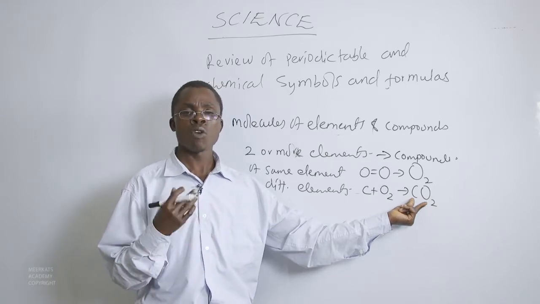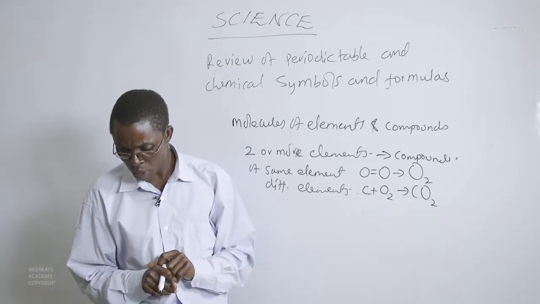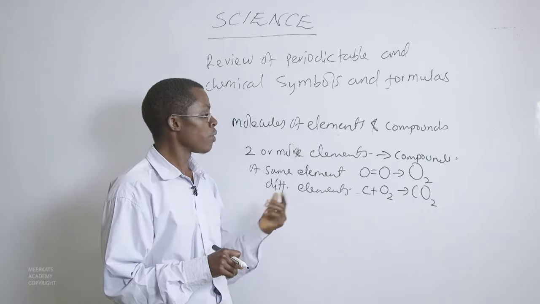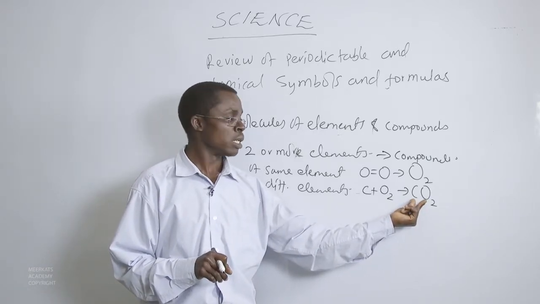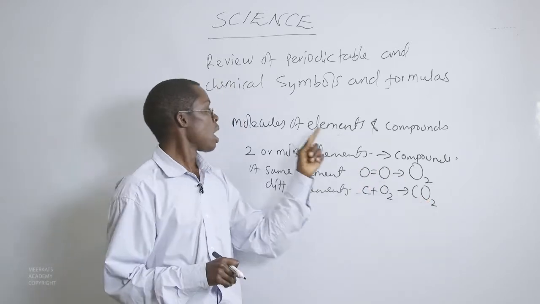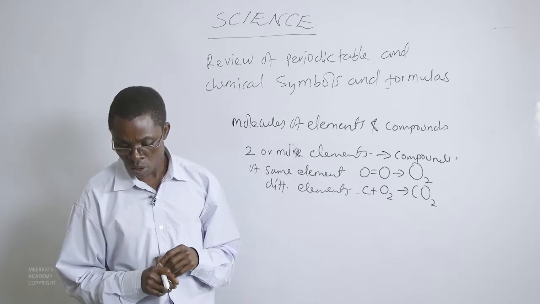It is even more wrong on the second part, where it says that molecules of elements have different atoms. Like now carbon dioxide is being taken to be a molecule of an element, which is wrong. So B is even more wrong.